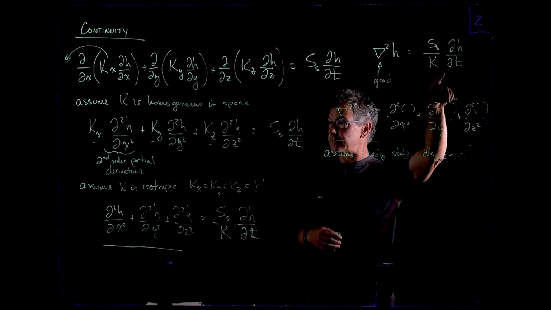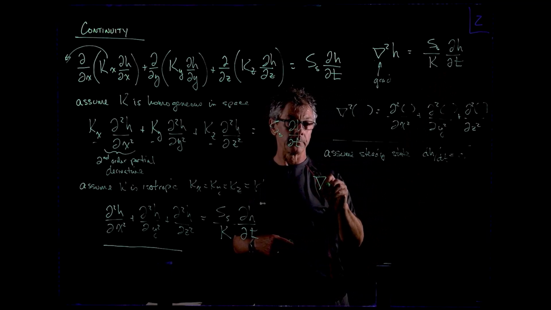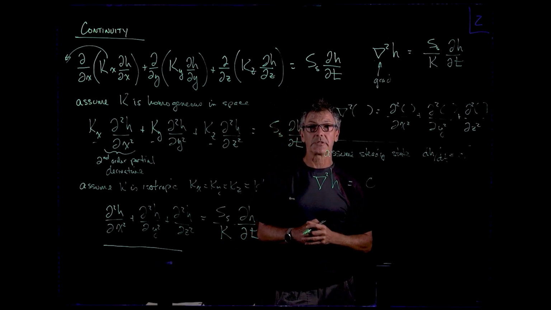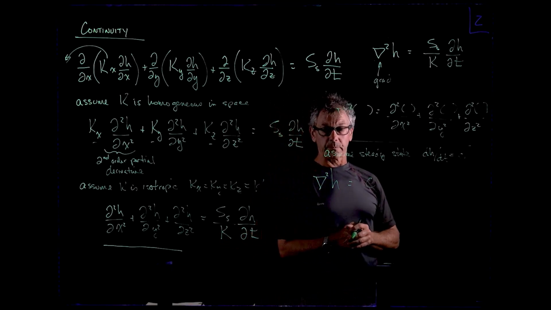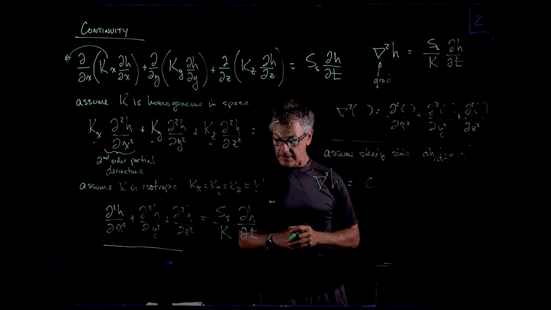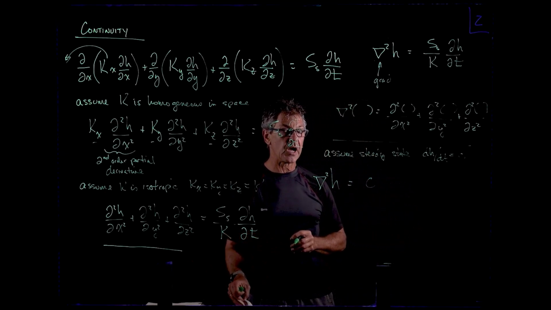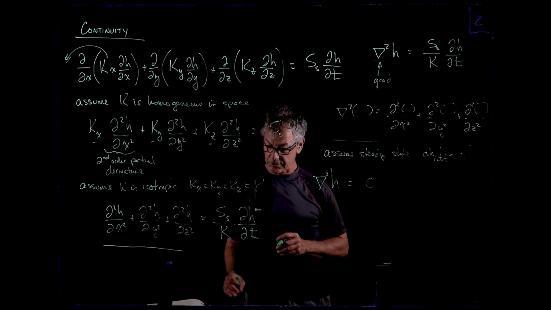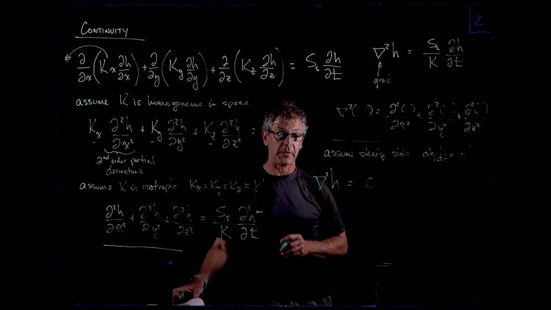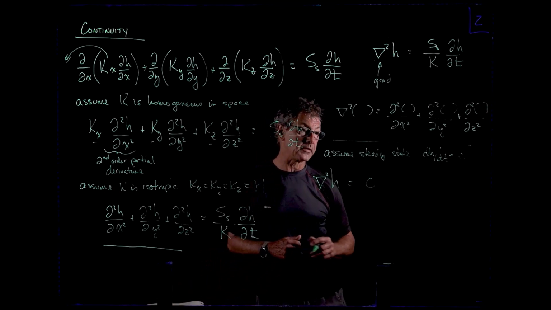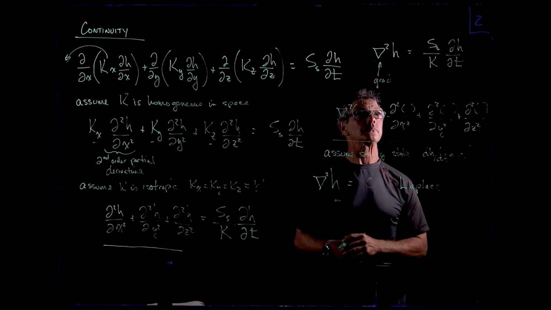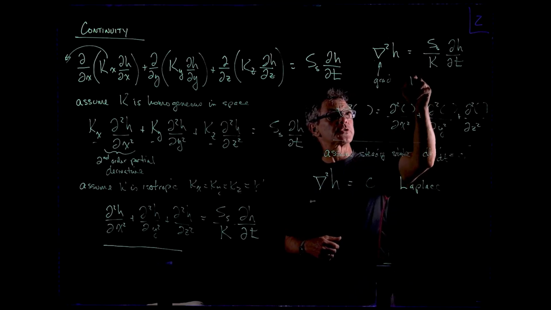And then if we stick with our little shorthand notation, you have this thing, and it's just equal to 0. So we have some common expressions here. These are very common, not just in groundwater, but we see them in mathematics all the time. And this is called the Laplace equation. And this version is called the Poisson equation.